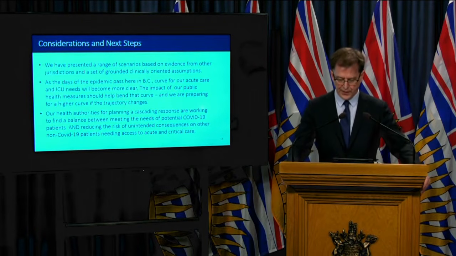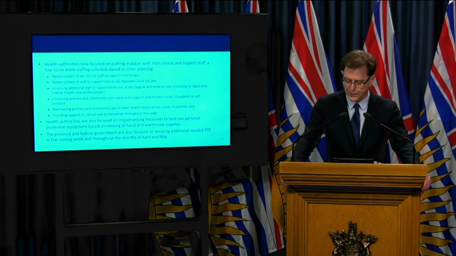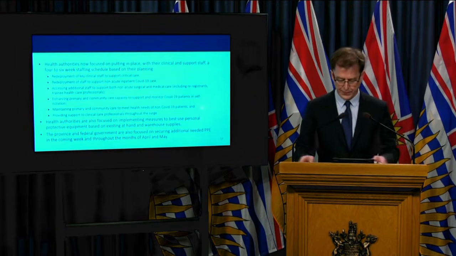So we're putting in place a plan. Health authorities, each of them with their own emergency operations center, are putting in place a plan with their clinical and support staff. They're putting in place a 4 to 6 week staffing schedule based on their planning.